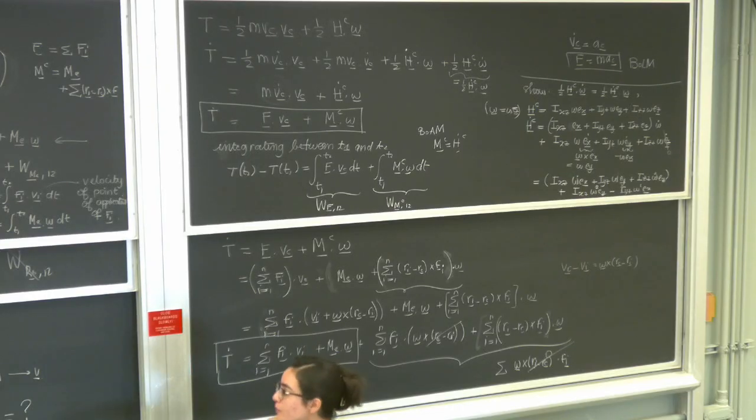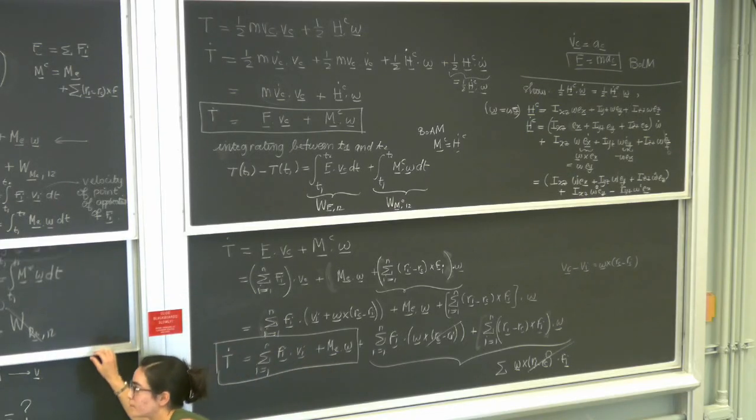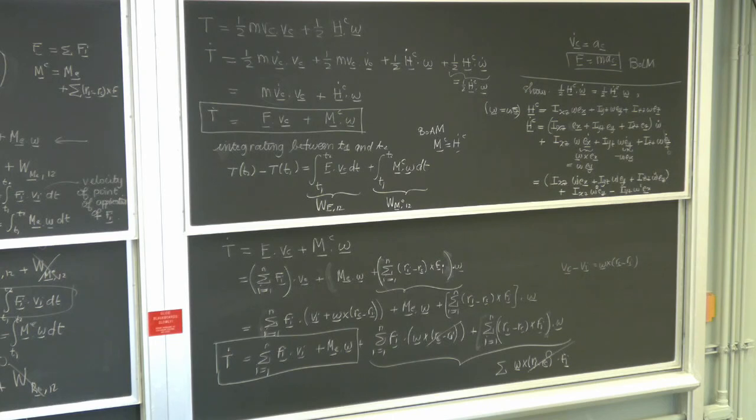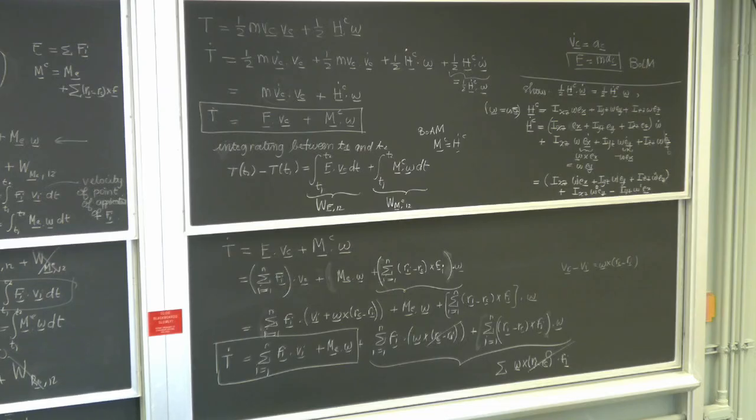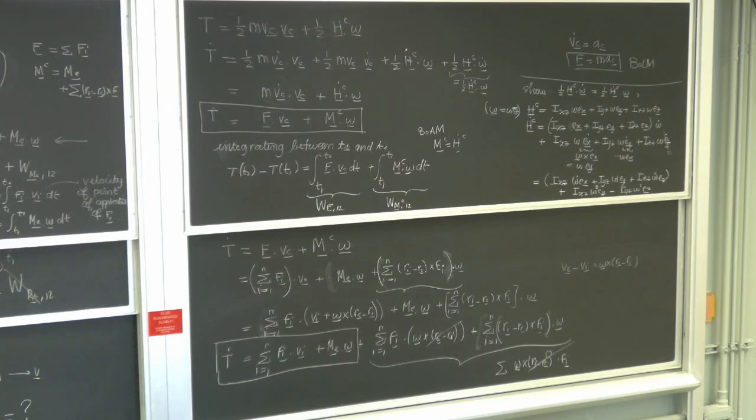Well, in the previous problem, the point of application of the force had 0 velocity. So when we were calculating its work, we integrated Ff dot Vp, and what is the velocity of P? It's 0, so the work is going to be 0. Is that the same in this problem? If I look at point P, what is the velocity of point P?